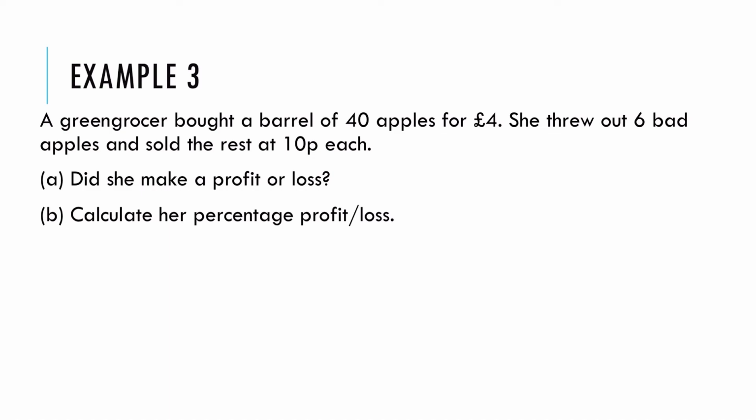Example 3. A greengrocer bought a barrel of 40 apples for £4. She threw out 6 bad apples and sold the rest at 10p each. Did she make a profit or a loss? If there was 40 apples to begin with and she threw out 6 bad ones, that leaves 34. So there was 34 apples, they were 10p each.